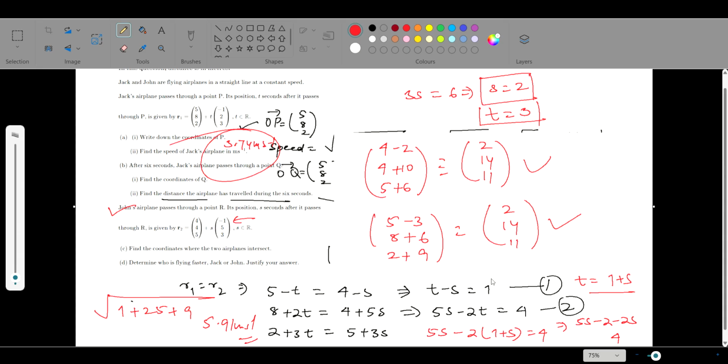It's actually 5.92 because it's 5.916, which is 5.92, greater than 3.74. So John's plane has a higher speed as compared to Jack's. Speed does not have any direction, so it's just the magnitude of the given velocity.